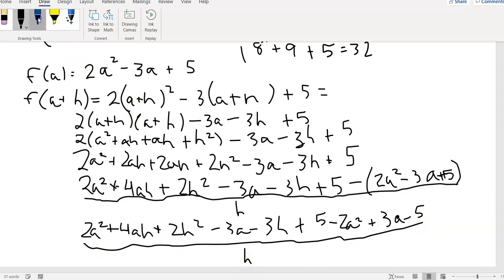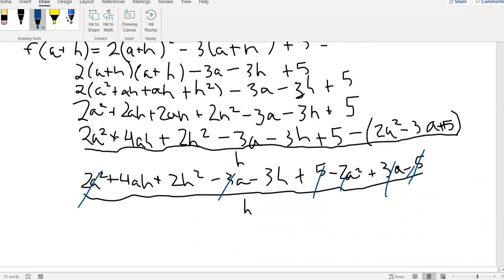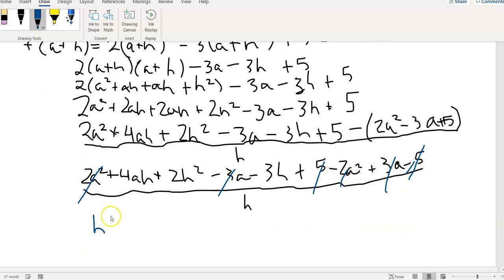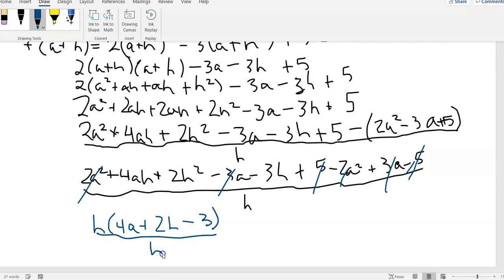And now things start to cancel on us. Let's notice 2a squared minus 2a squared, negative 3a, 3a, 5, and minus 5. Everything that's left has an h in it, so I am going to factor that h out. I'll be left with a 4a, a 2h, and a minus 3. And now I can cancel this h with this h, and I'm left with my difference quotient.